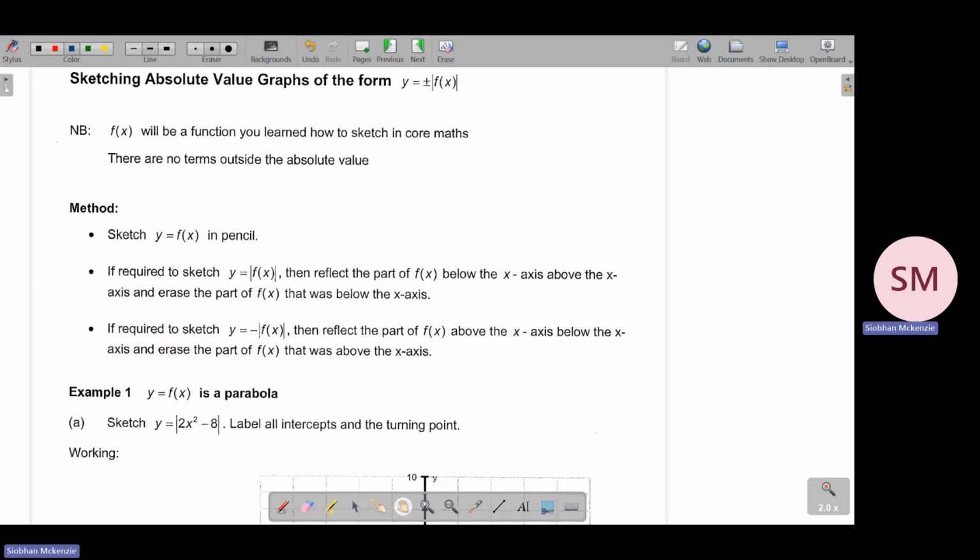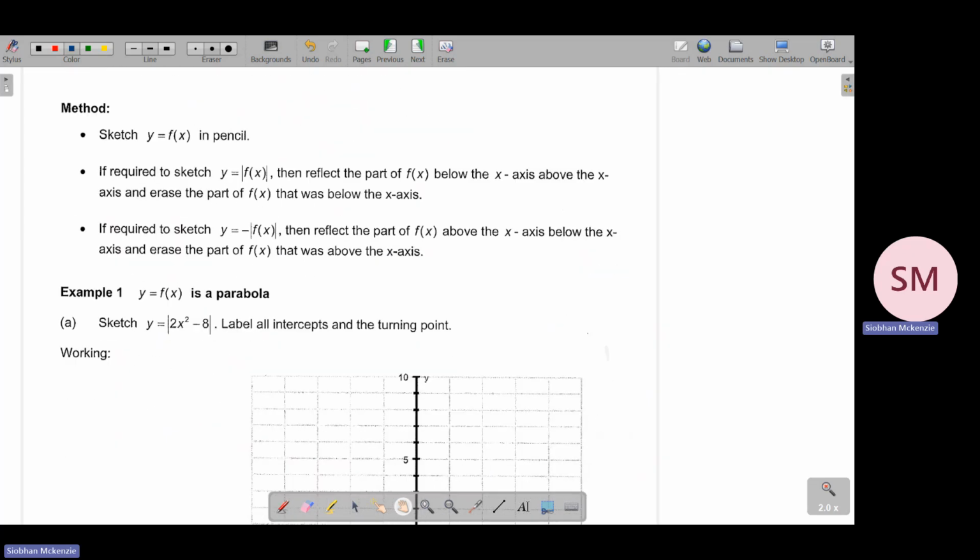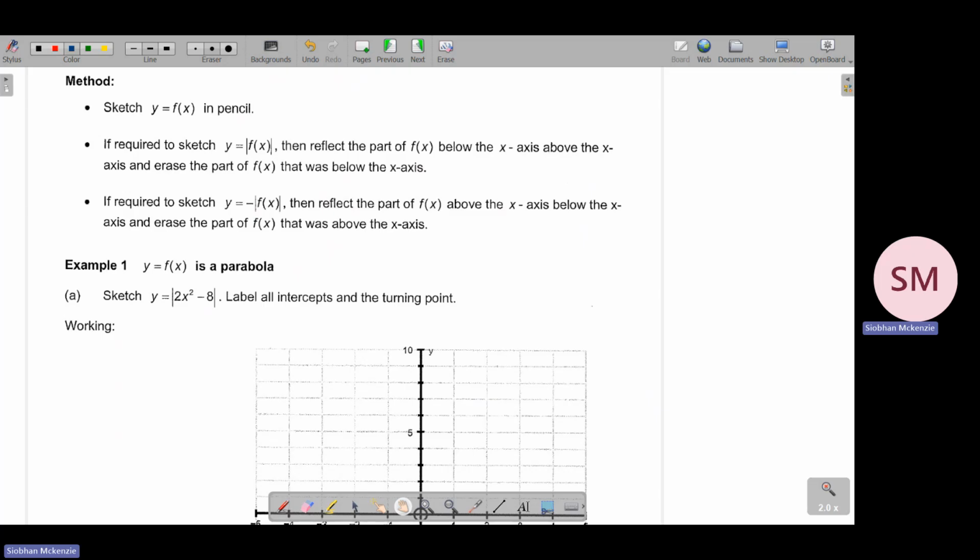Okay, so we are going to look at our method first, and then we're going to use the method for the first graph and continue from there. You're going to start by sketching y is equal to f of x. If I look at this first example here, that f of x they're talking about is the function inside the absolute value. Do you agree that is just a parabola in this case?